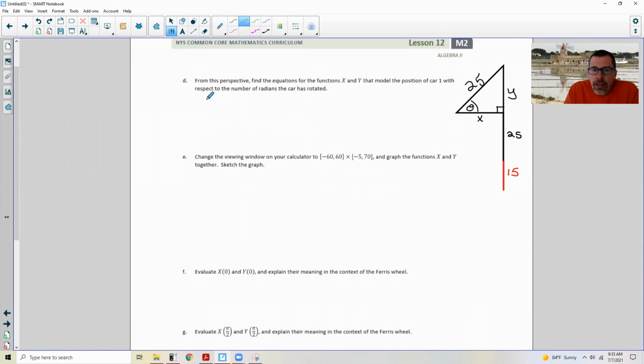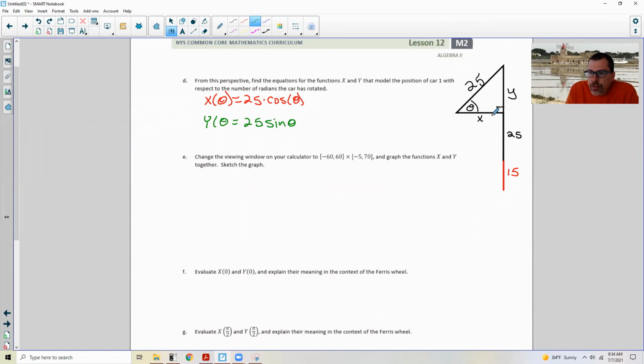So if we say x of theta, that's still going to equal 25 times the cosine of theta. Okay, but y, on the other hand, has changed. Y of theta is now going to equal 25 sine theta.